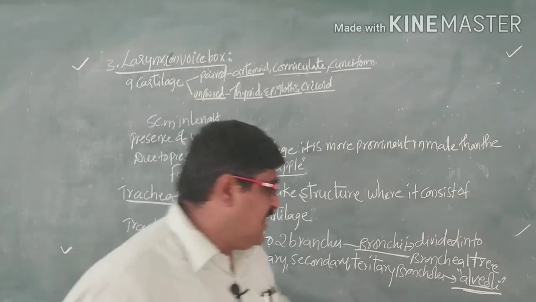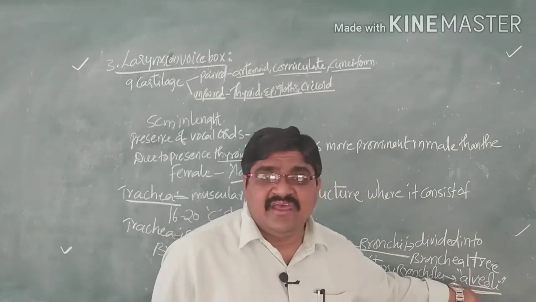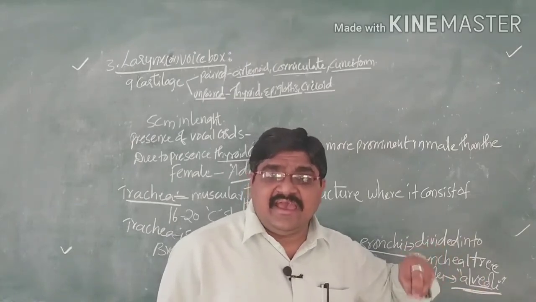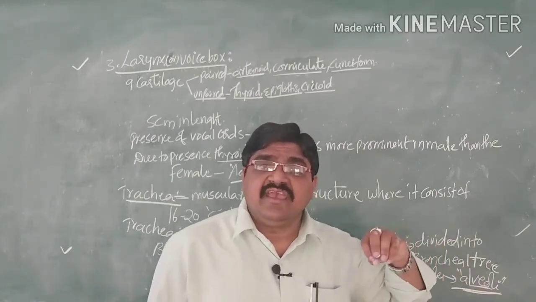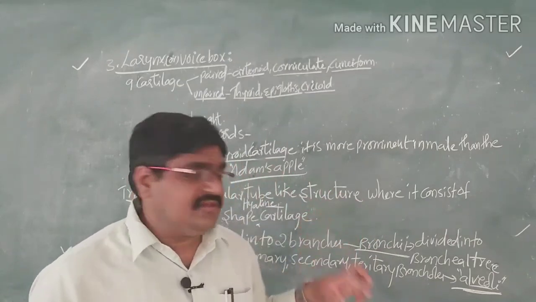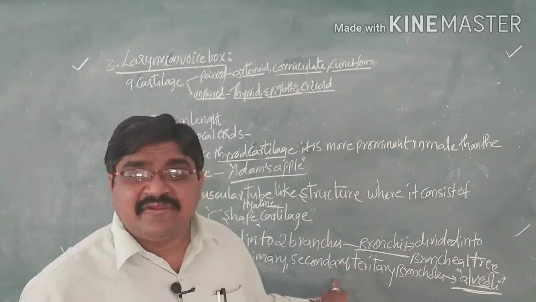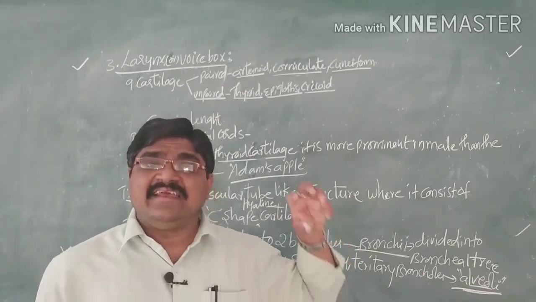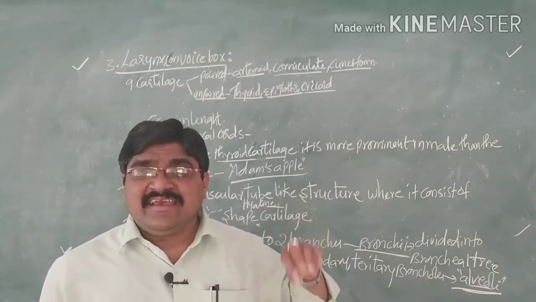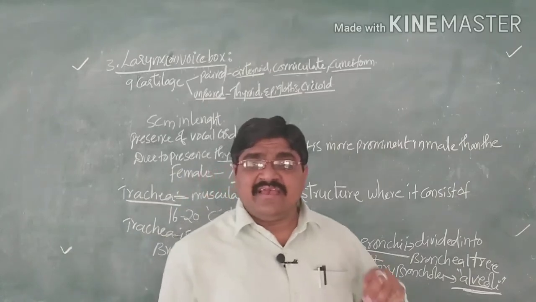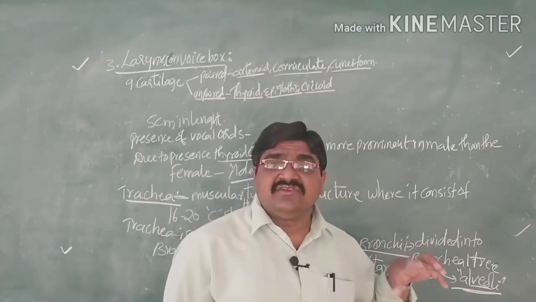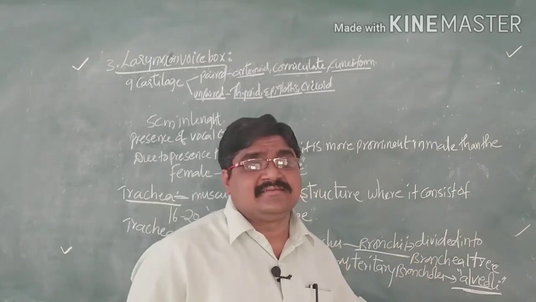They are called alveoli, and these alveoli are the structural and functional units of the lungs, because this bronchial division is present in the lungs only. In the alveoli the exchange of gases takes place, so we call them the structural and functional units of the lungs.